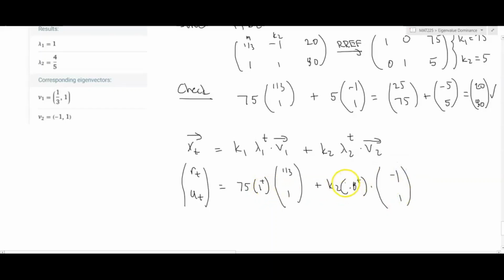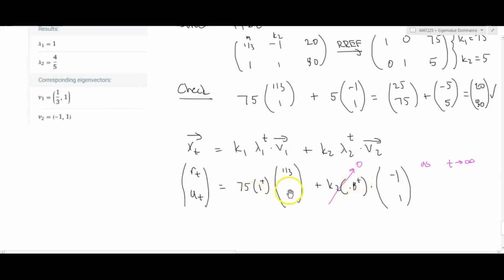So already one of the things to notice is that as t approaches infinity, if you take a decimal to a really large power, this term is going to approach 0. This doesn't always happen, it just is the case here that one of our eigenvalues is a fraction, and when you raise a fraction to a large enough power, it's going to approach 0 for large enough t's.